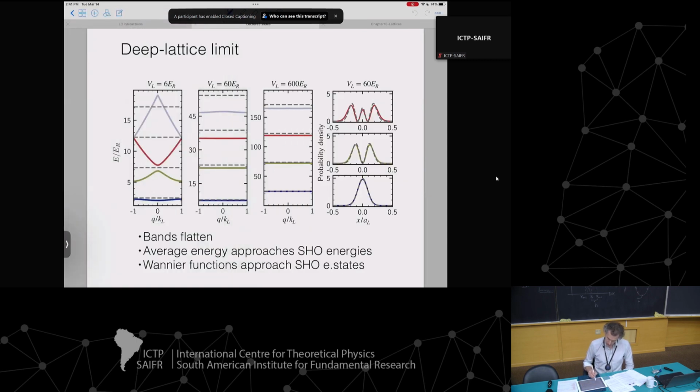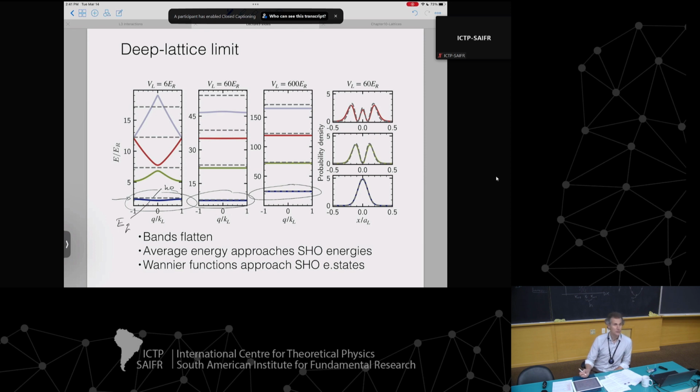Here, the lowest band is always just equal to the harmonic oscillator energy, especially when you get deeply bound, but even at the very beginning, the harmonic oscillator prediction for the energy and the actual energy are pretty close. So roughly, the lowest band always has 1/2 h-bar omega, the zero-point energy, of a harmonic oscillator.